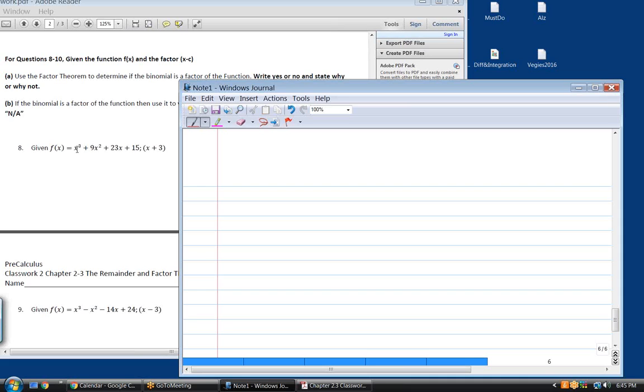That's what it says. So that apparently is not what this factor theorem refers to, but this question is pretty straightforward. Is this binomial, x plus 3, a factor of that polynomial?